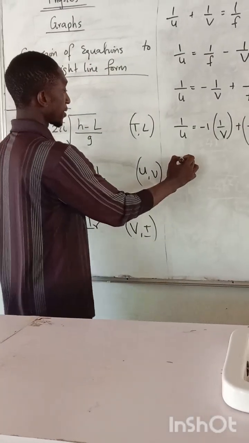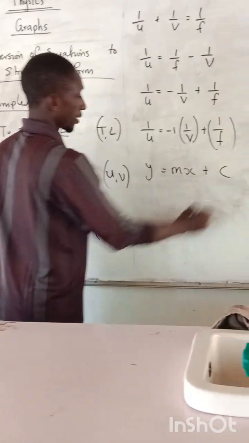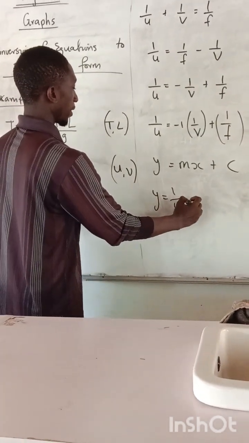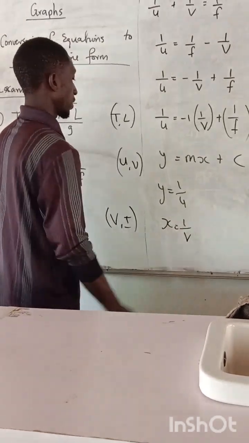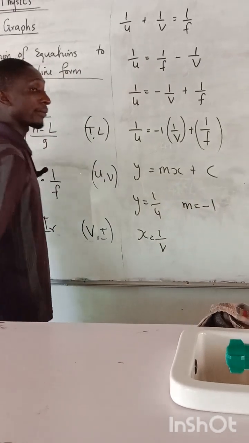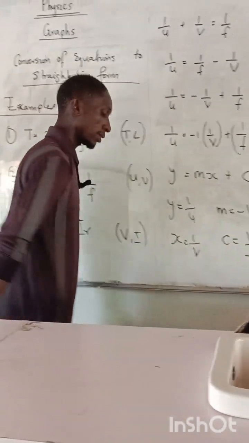So you can see that y is equal to mx plus c. Our y component is 1 over u, our x is 1 over v, our slope suddenly becomes minus 1, and our intercept c is 1 over the focal length.